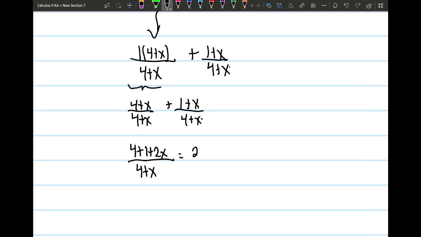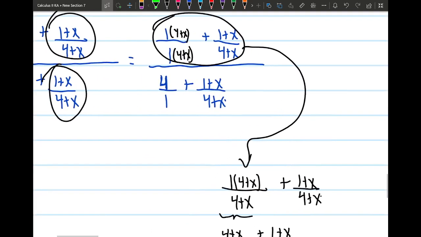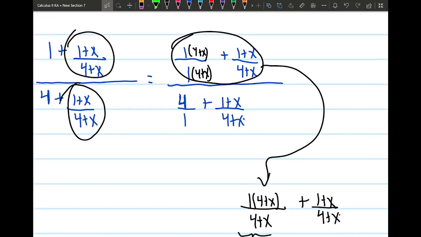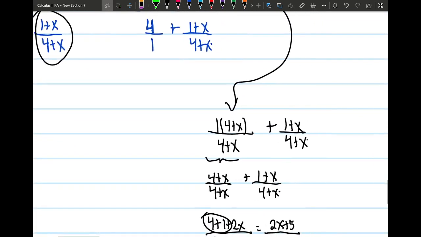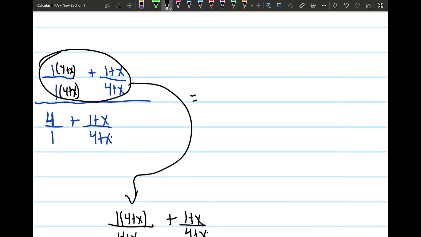And this is going to be 2x plus 5, so 4 and 1 become 5, over 4 plus x. So we did that top part. The top part became 2x plus 5 over 4 plus x, so we're just going to put that up there.